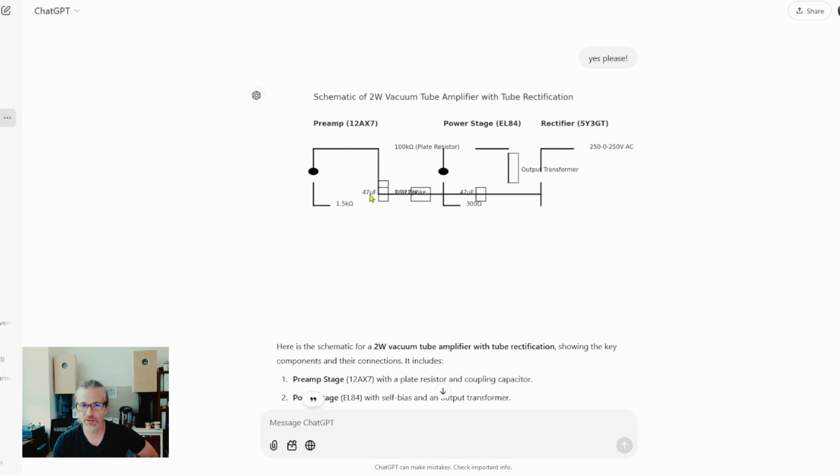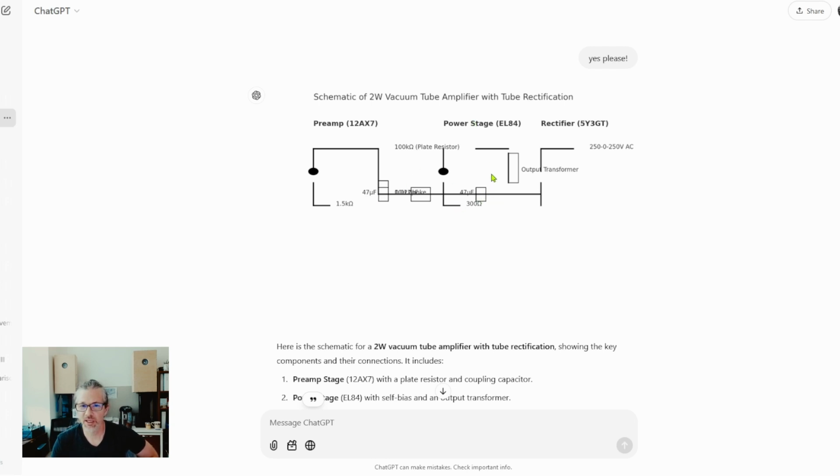And then the 47 microfarad, I don't know what that is. I think that's probably on the high voltage. That should be the filter capacitor for an extra stage after the power stage to decouple the power supply for the preamp.